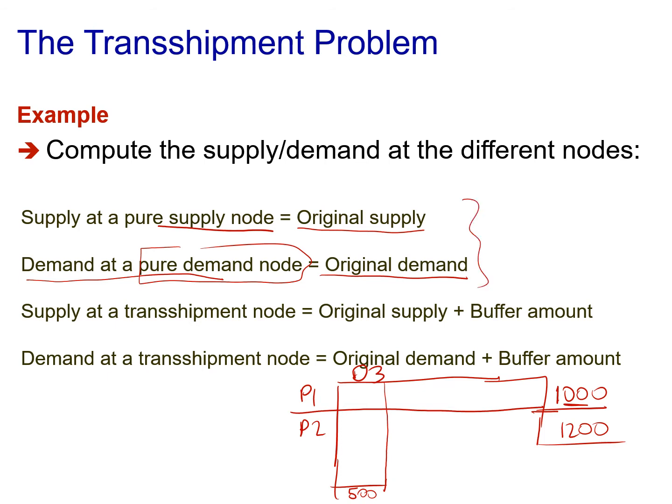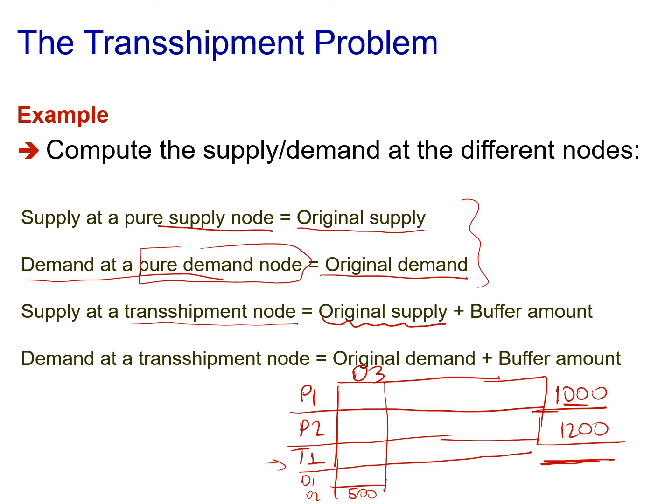Write the original values. But remember, we have T1, T2, D1, D2, which are transshipment nodes. For these transshipment nodes, what do we write? As the supply value of a transshipment node, we write the original supply at this transshipment node plus a buffer amount. We don't know what this buffer amount is; in a few minutes we will discuss it.